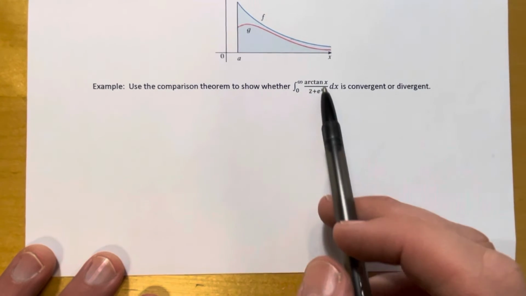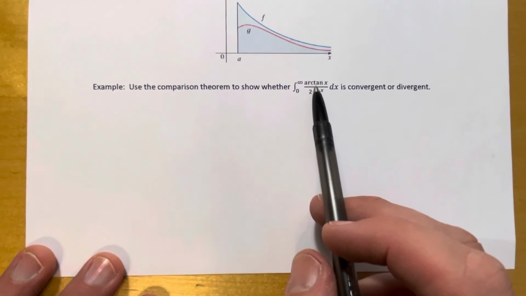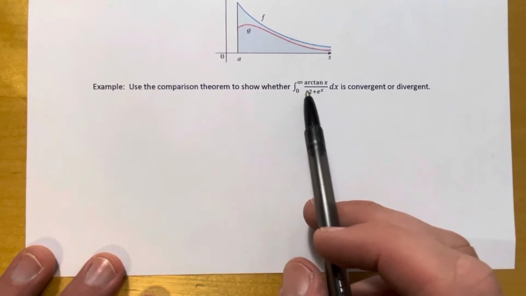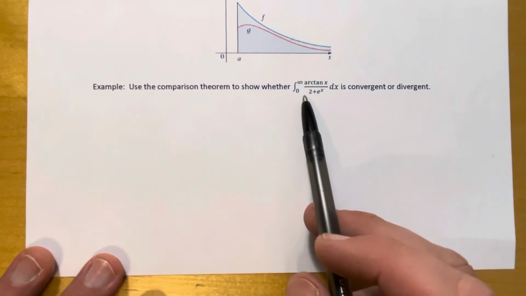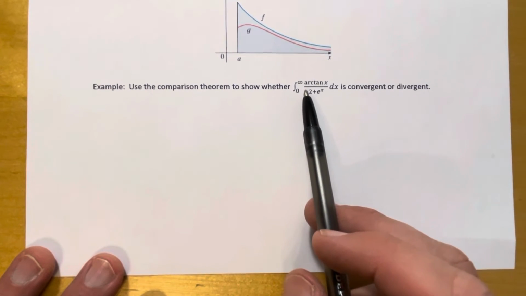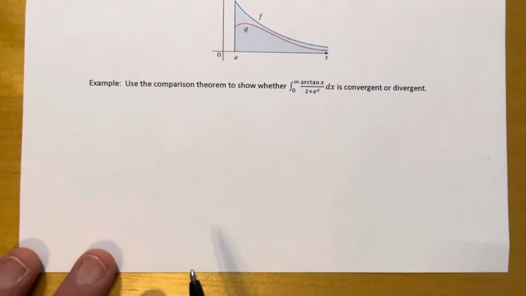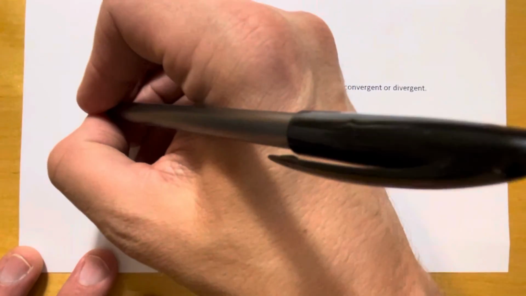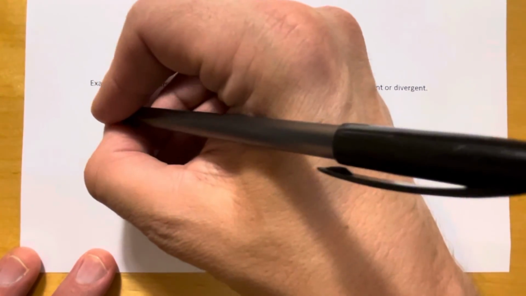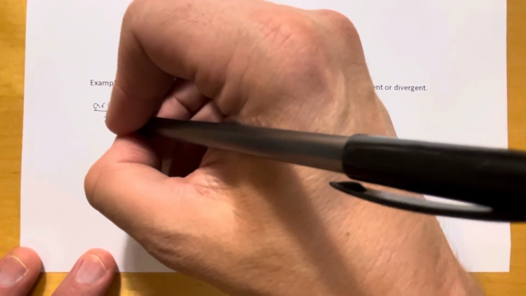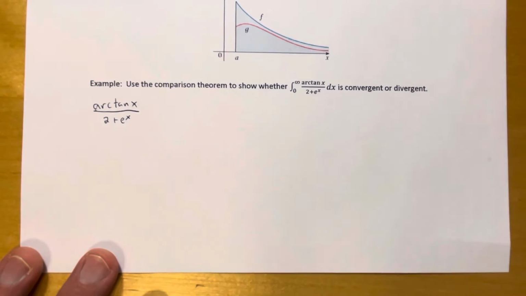Well, this is not a function that I can figure out a good technique to integrate directly. So I don't think that it would make much sense to try and evaluate this like we have the previous examples. Instead, what I want to do is take that arctangent function over 2 plus e to the x, and I want to see if I can find a simpler function to compare it to. Okay?